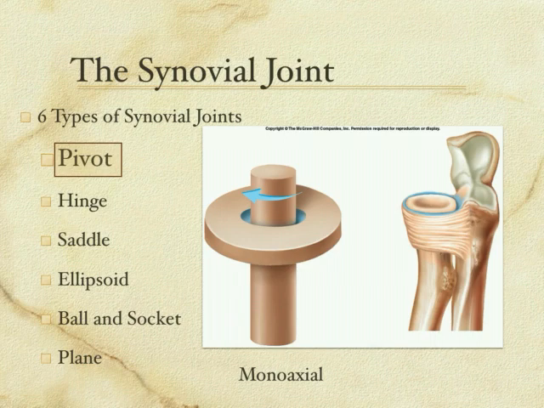In other words, it just moves in one way. This joint is going to allow for a rotating motion, and that's all. No other types of movement will take place here typically. These are fairly rare in the human body.